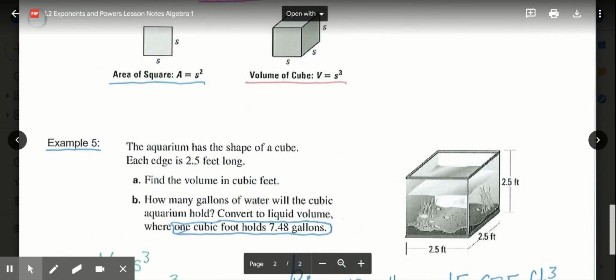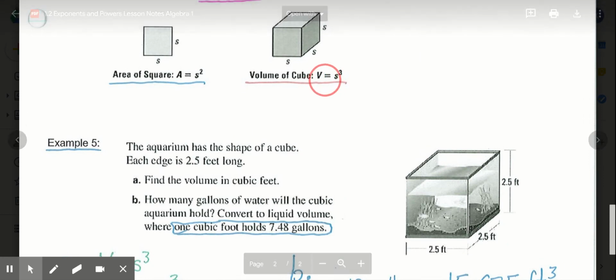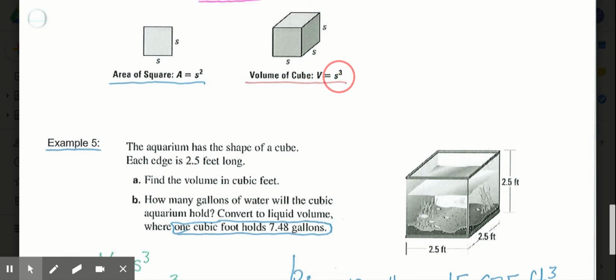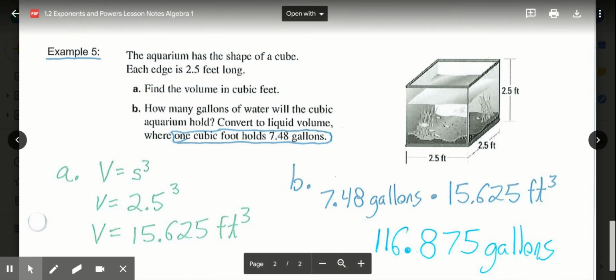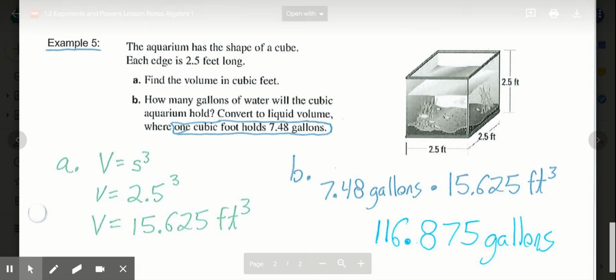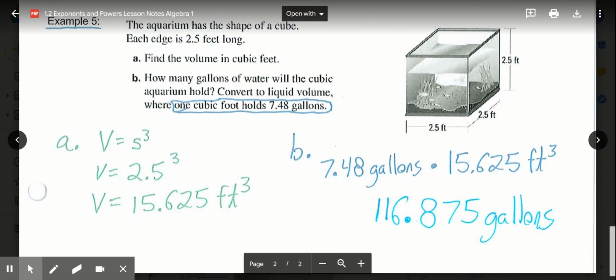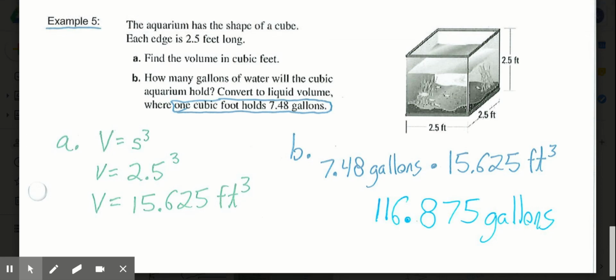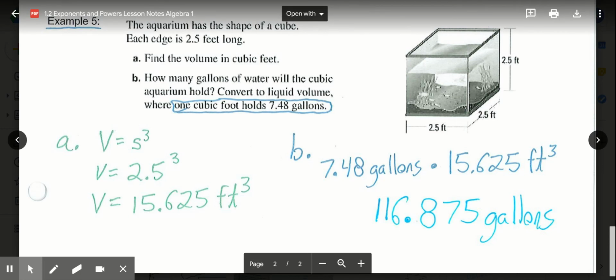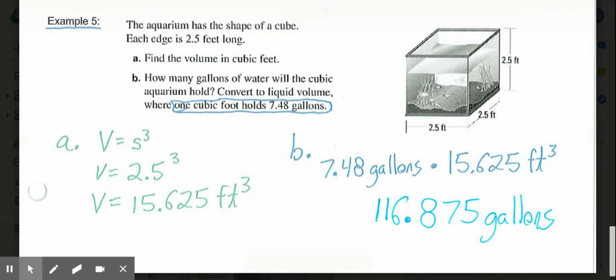So I'm going to use my volume formula for a cube, which is side to the third power. So volume equals our side to the third power. Our side is 2.5. So to get our answer, we have 2.5 to the third power, which is 15.625 cubic feet, or feet cubed.